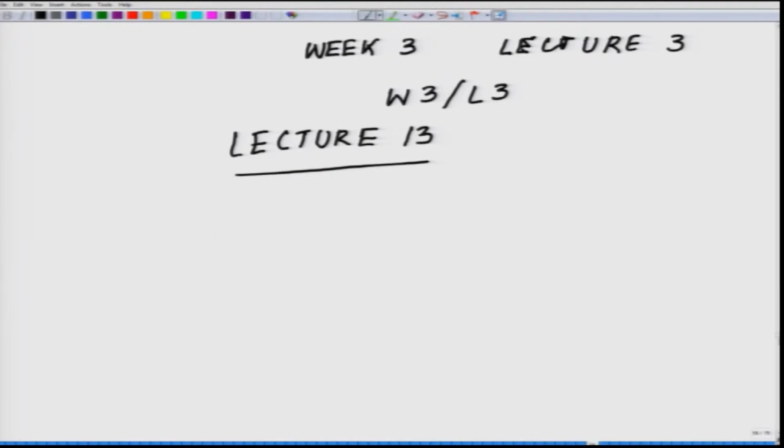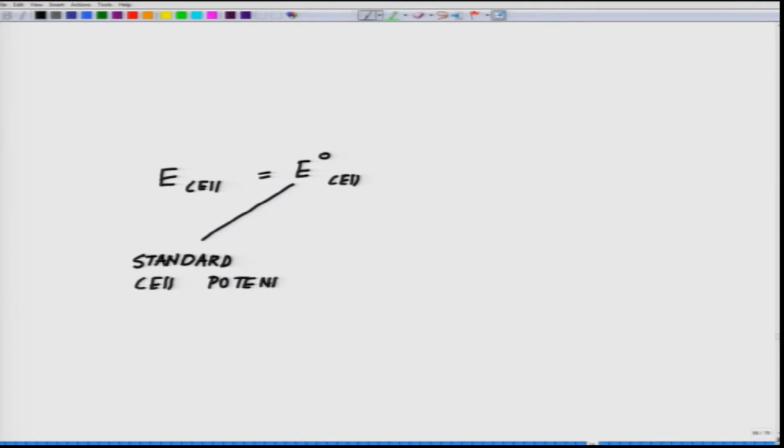When we write the Nernst equation, it is E of the electrochemical cell equal to E 0 of the cell, which is our standard cell potential, with all the values as unity for all components.